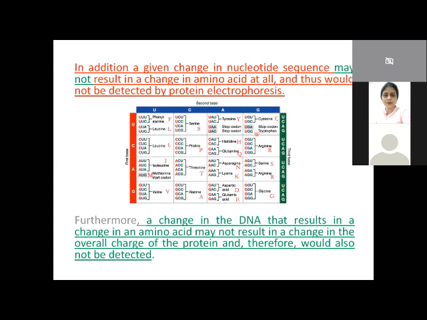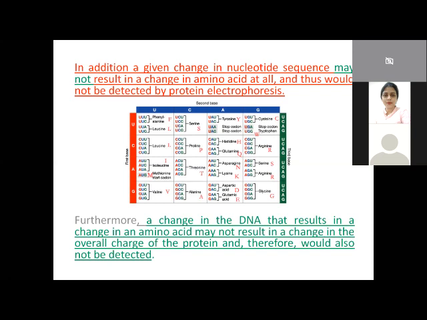Okay, and sometimes even when a different amino acid is there. Two isoforms, suppose the enzyme is 10 amino acids long. At the 7th amino acid position, one isoform has aspartic acid, and the other isoform has glutamic acid.